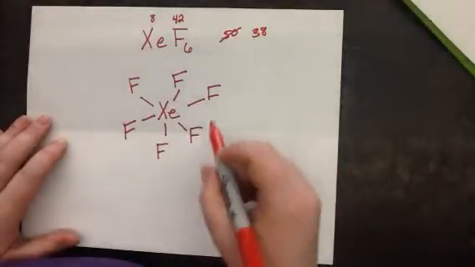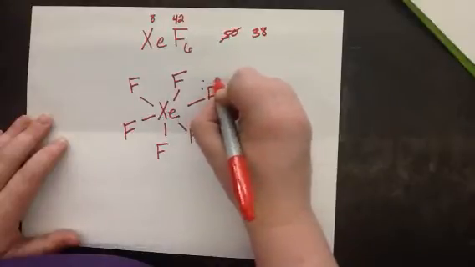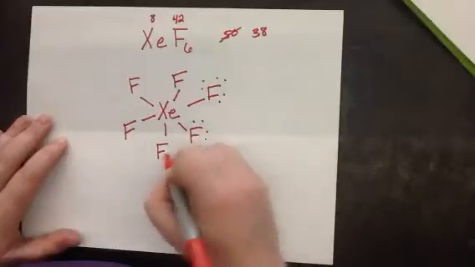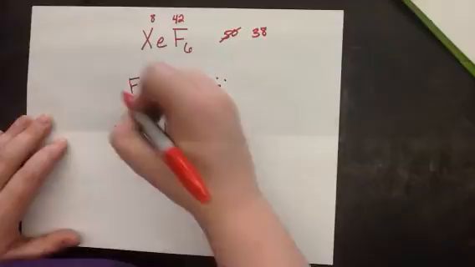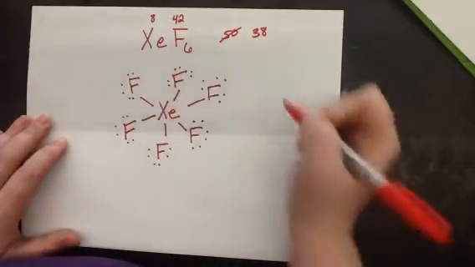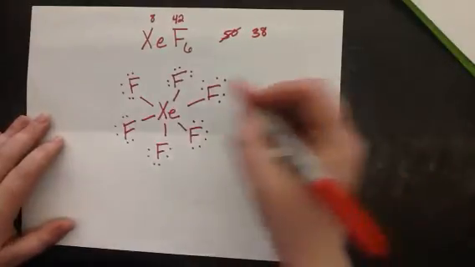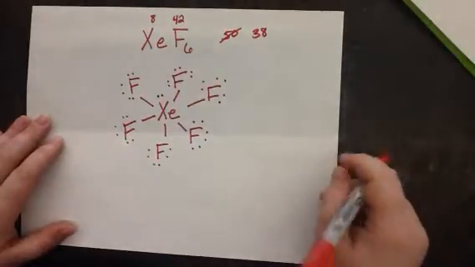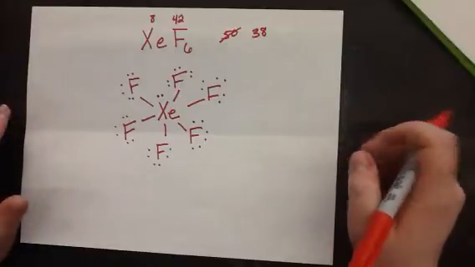We're going to put them around the terminal atoms first, so 1, 2, 3, 4, 5, 6 on each. There were 6 fluorines, so this will use a total of 36 electrons. We still have 2 left, and those extra electrons are going to go on the center atom. So in this case, xenon has 6 bonds and a lone pair on it.